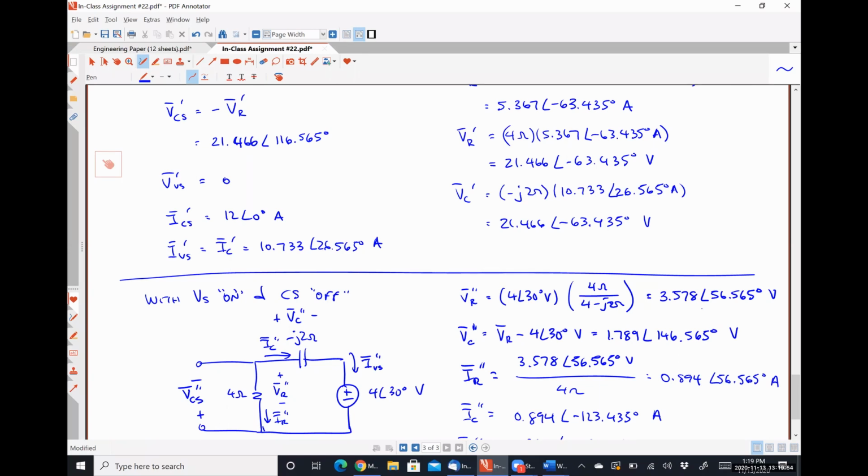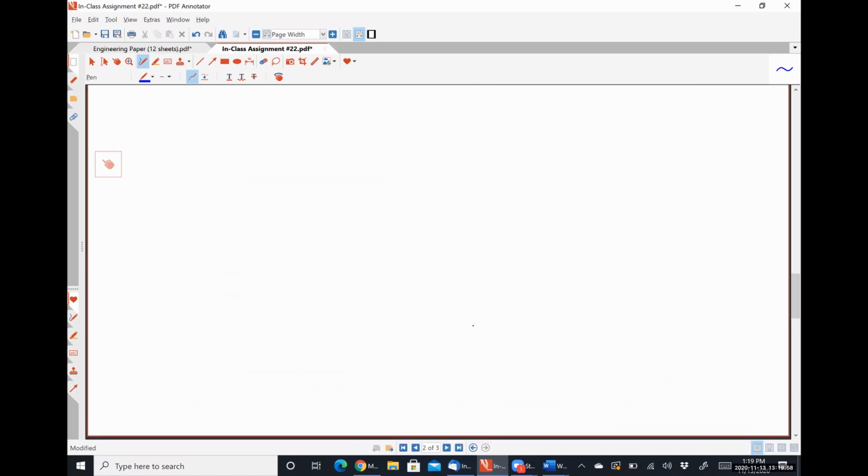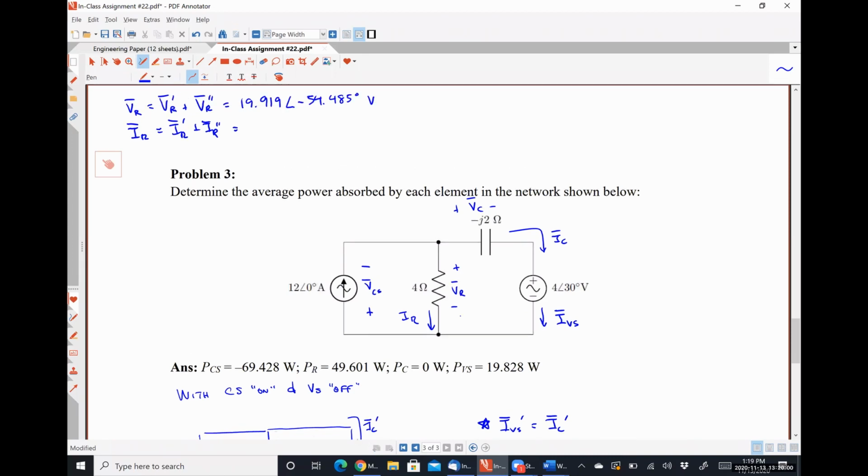That gives 4.981 angle negative 54.492. That's just rounding error, but we'll call it that. The angle should be the same between the current and voltage.